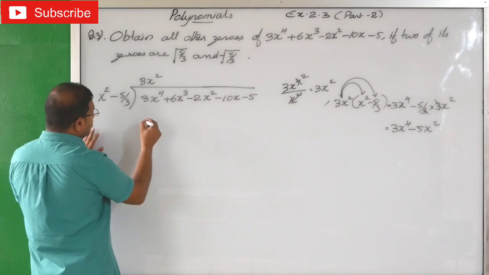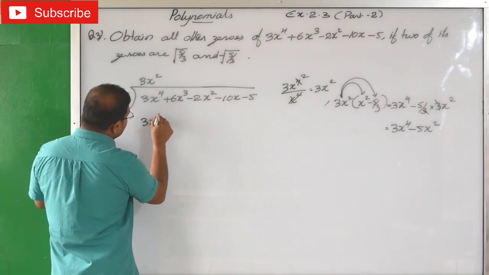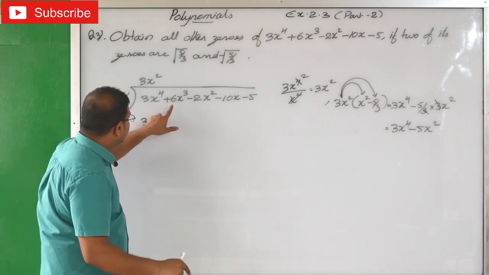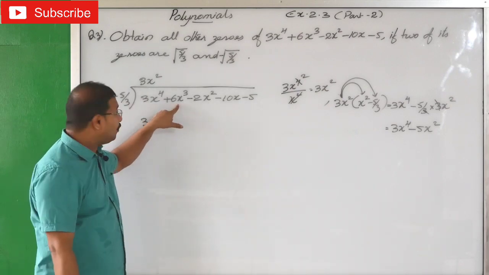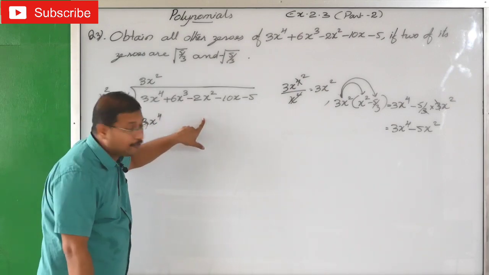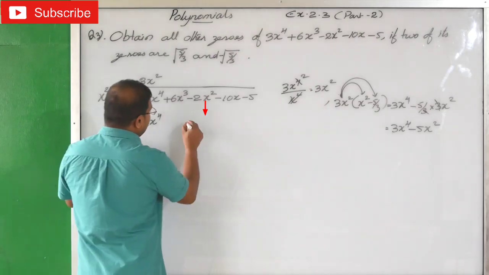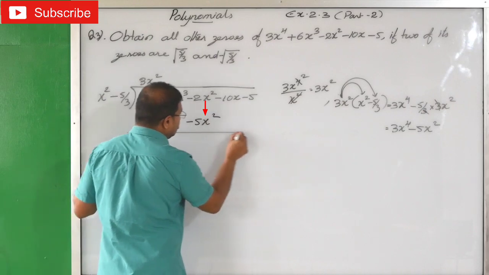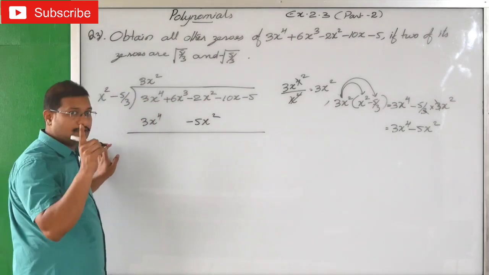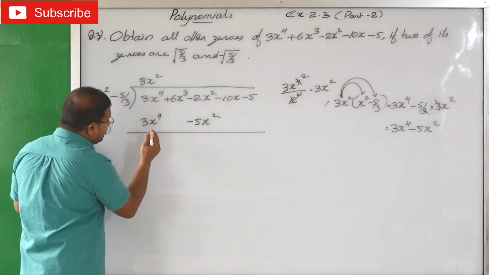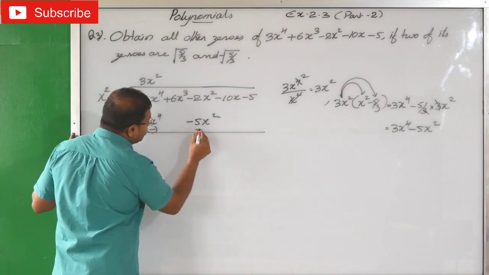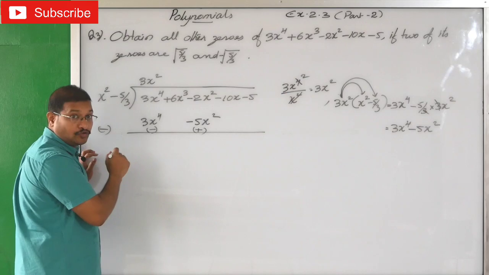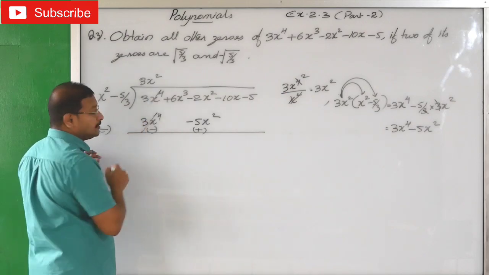Now we will write here 3x raised to 4 minus 5x square. So x square downside we have to write that. Ready? What will do? Subtract. This plus become minus and the minus become plus. So 3x raised to 4 minus 3x raised to 4 will cancel.